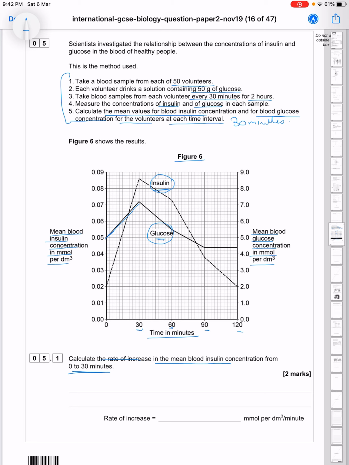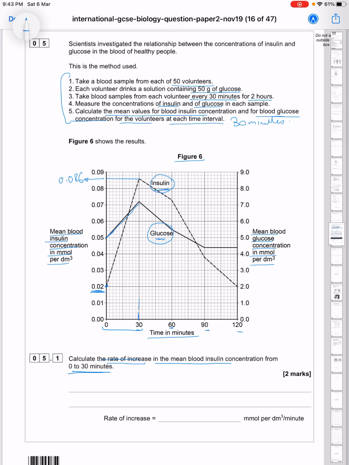So I need to check here on the x-axis from 0 to 30 minutes, and the mean blood insulin concentration clearly moves from 0.2 at the time of 0 minutes up to 0.086 at 30 minutes.